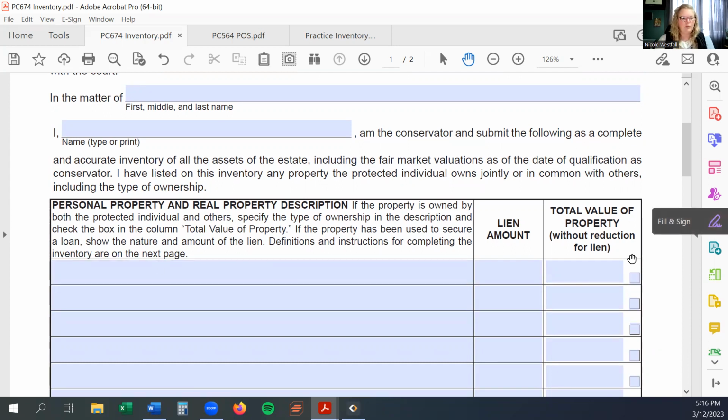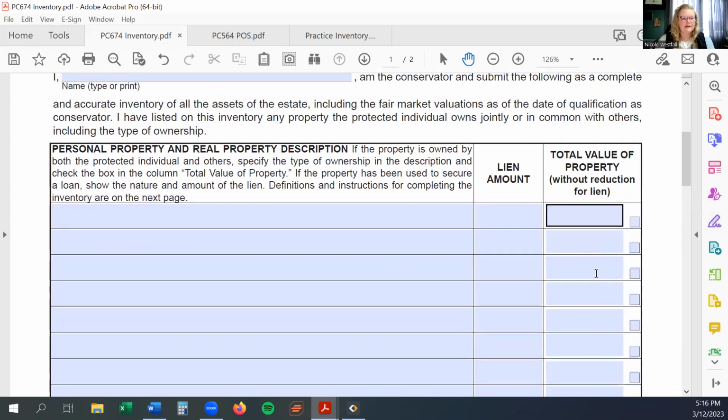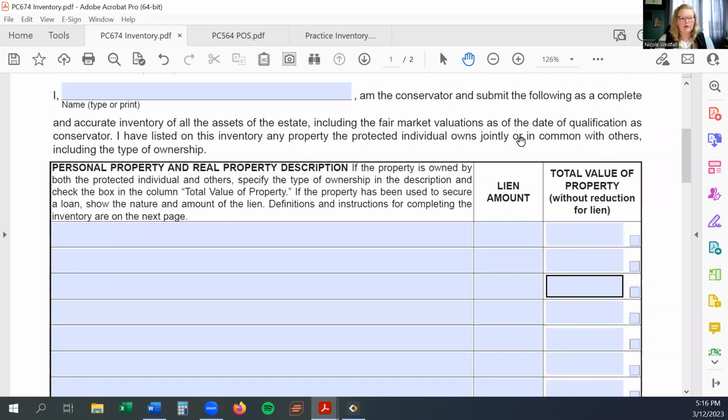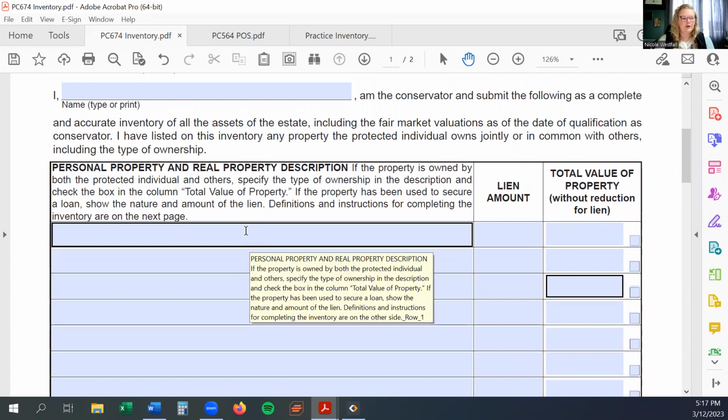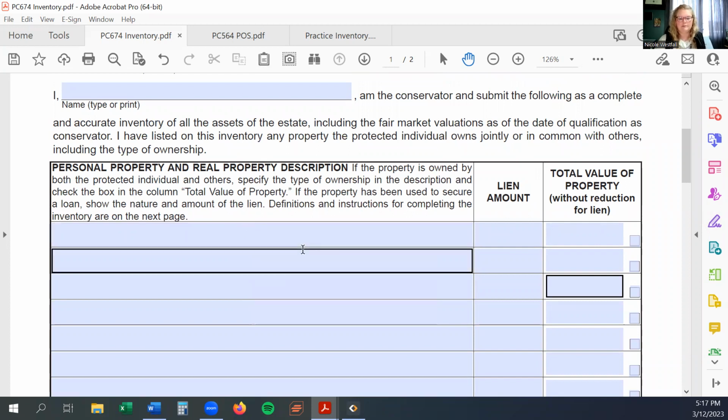So the values that you're going to be putting down here are what they were worth at the date that you were appointed conservator. So if you were appointed conservator on January 25th, 2023, then anything that you list here is going to be the value of that property as of January 25th, 2023.